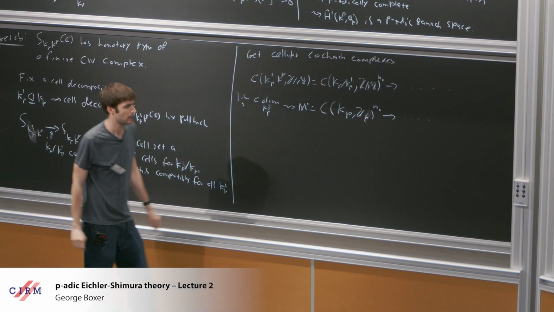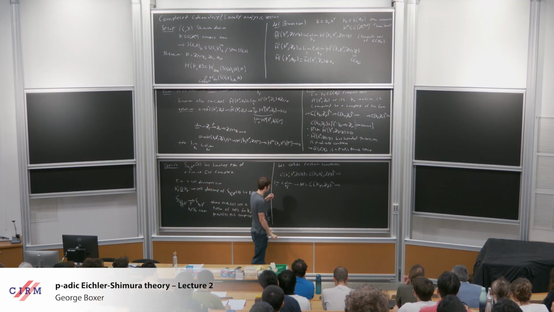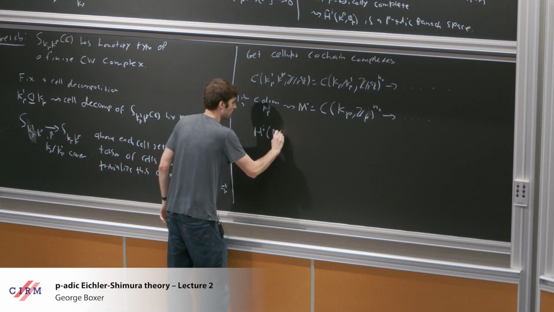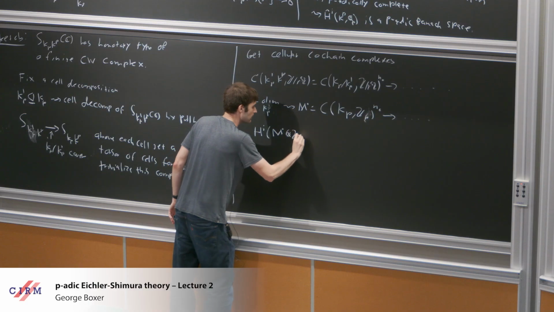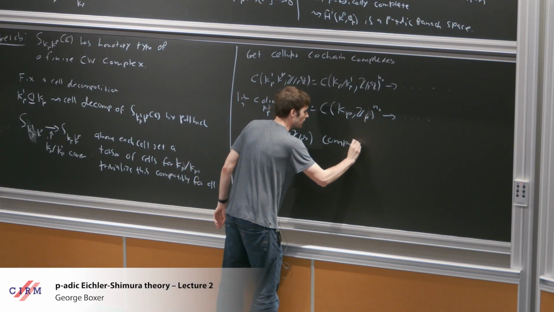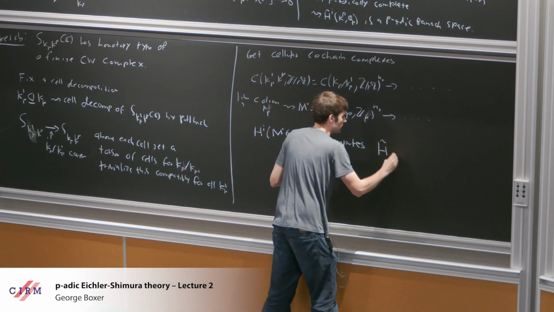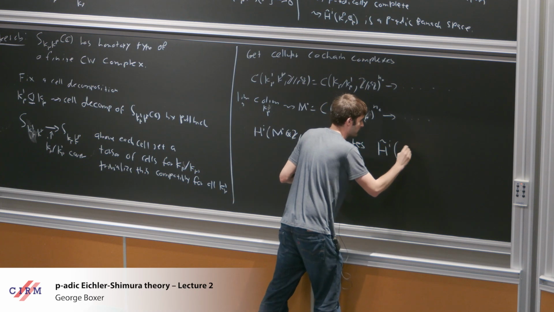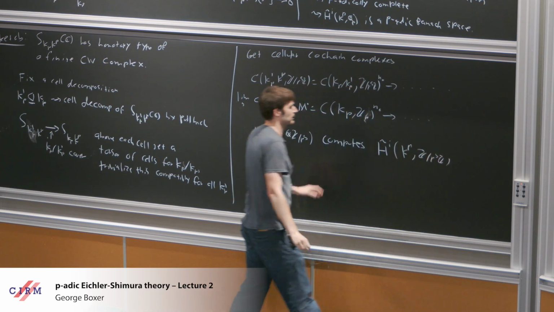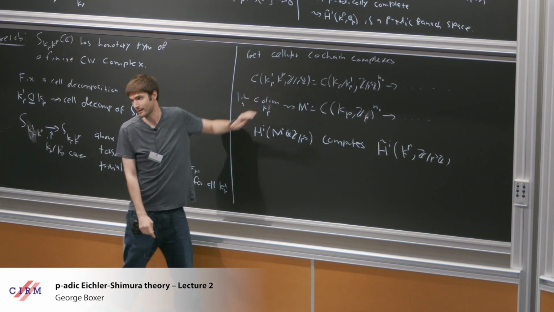Okay? And now what's clear is that the cohomology of this complex mod p^s computes completed cohomology mod p^s, because we just took a colimit of complexes which compute the cohomology at finite level.